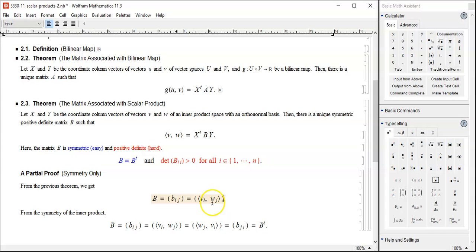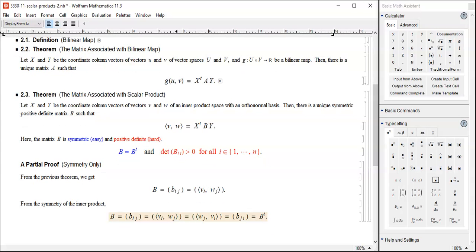The scalar product (v_i, v_j) is the same as the scalar product (v_j, v_i), the same because of the symmetry. These two are the same. And what did you get? B_ij is equal to B_ji. That means B is equal to B transpose. We have to have a symmetric matrix.